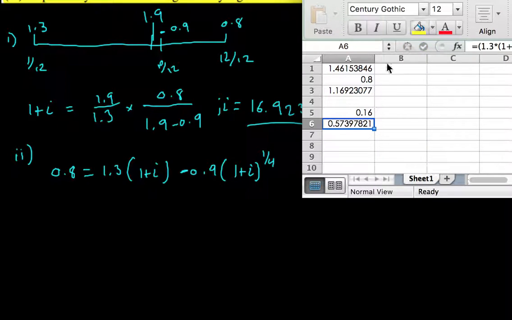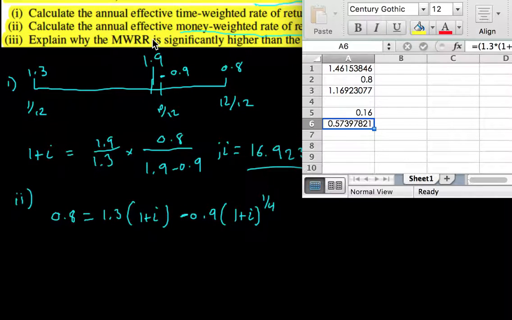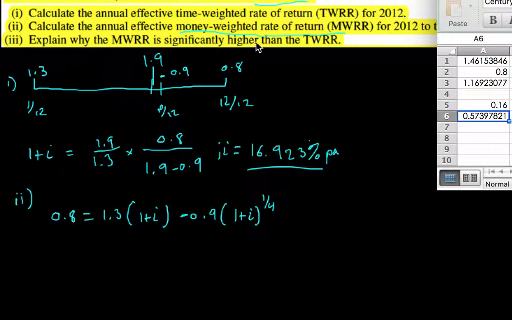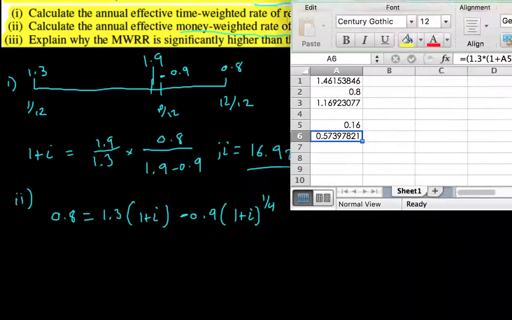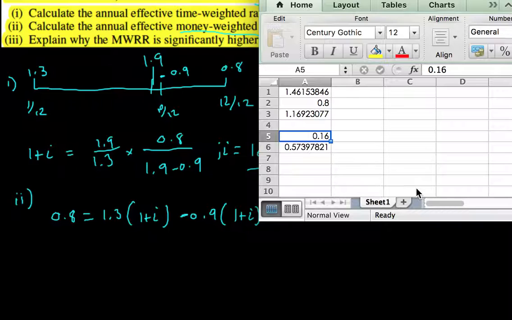There we go. That reaches 0.57, and we're trying to get it to 0.8. I can already tell from the question, which says to explain why the money-weighted rate of return is significantly higher, so let's see what happens if we double this and make it 0.32. Still not there. What happens if we make it 0.4? Okay, that gets us there.